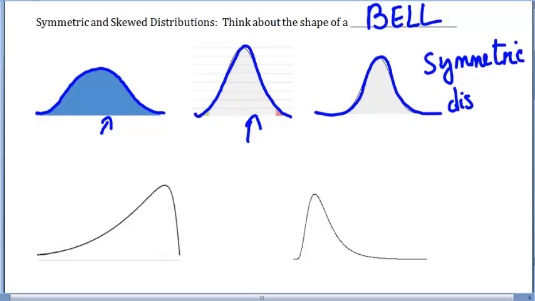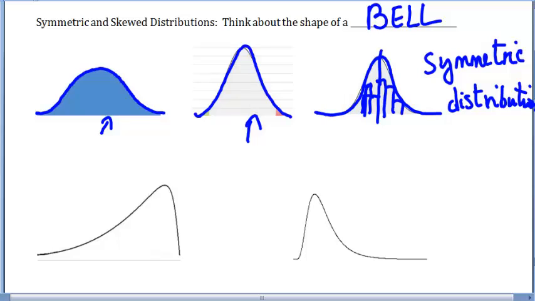That means the data are pretty much evenly spread, with the highest data in the middle, and then you have your other data on the sides. So this is a symmetric distribution.